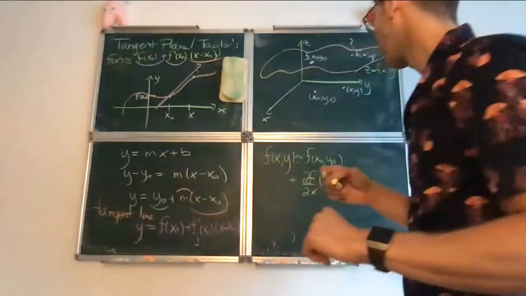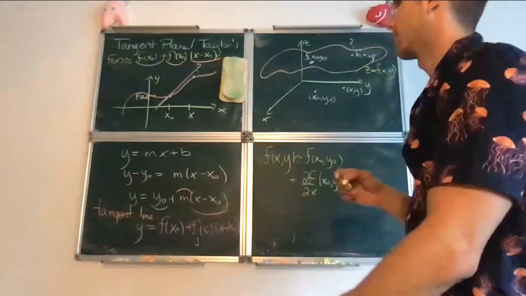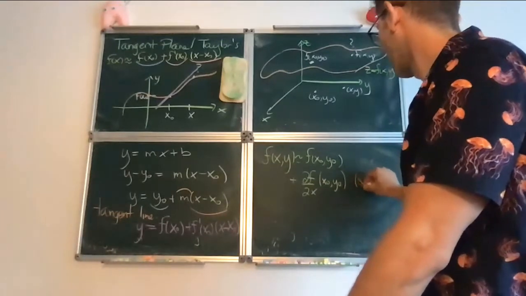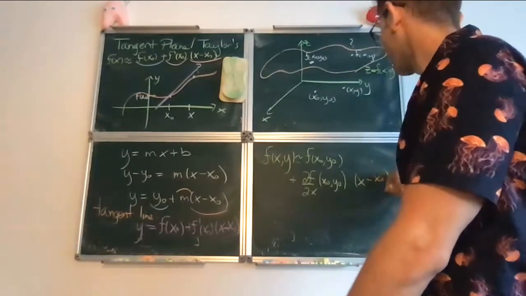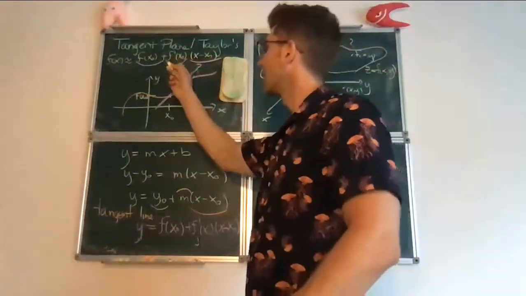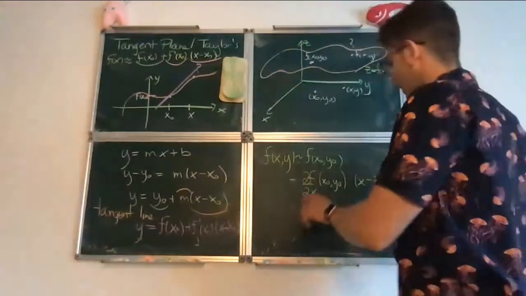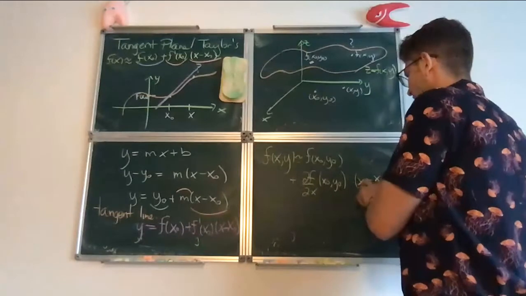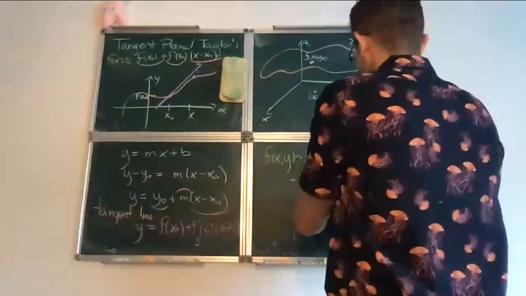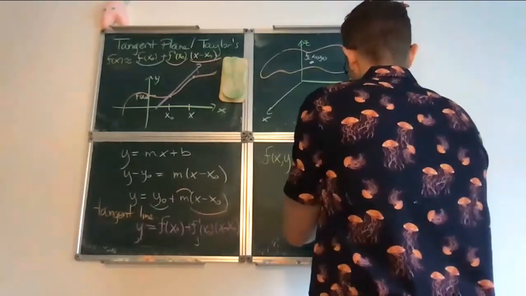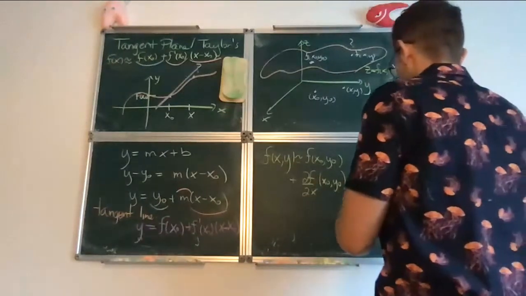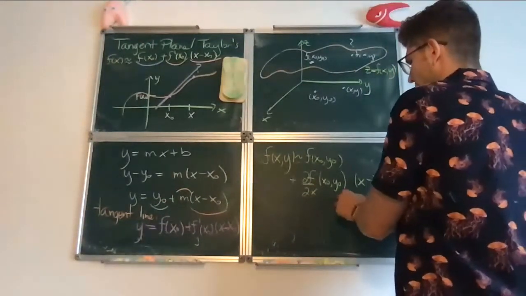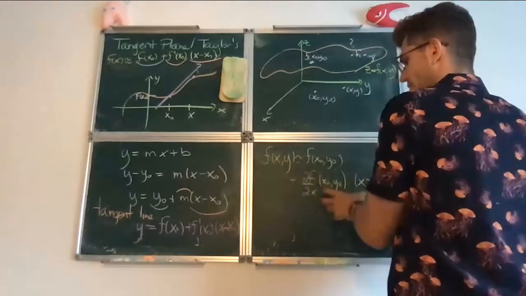And then the question is, what should you multiply it by? Well, you should multiply by x minus x naught, because first of all, it has to be something linear, and you're making a rate of change in x, and so this is like a delta f over delta x, and this is like delta x. So the delta x cancel, and that's why you get a small change in f, which is what you're trying to measure.